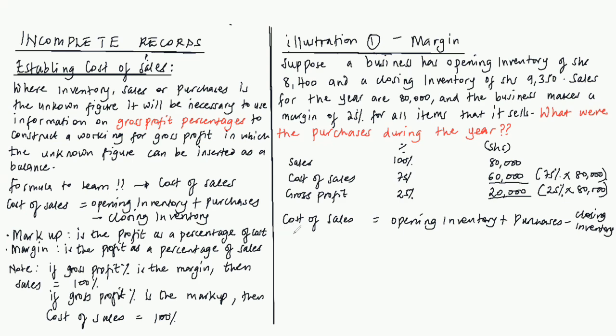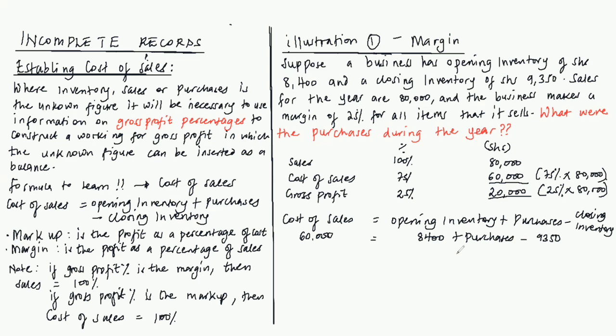When we substitute from the information we have up here, you see that our cost of sales figure is 60,000, equal to the opening inventory, which was given in the question as 8,400, plus the unknown figure, which is the purchases figure, less the closing inventory of 9,350.